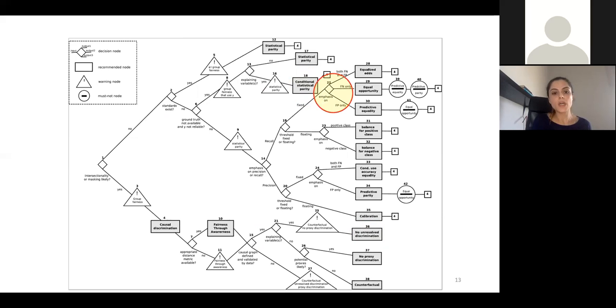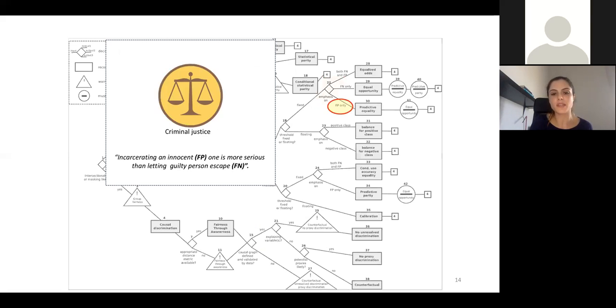Okay, now the last criterion I'm going to present is whether the fairness notion is more sensitive to false negatives or false positives. In some real life settings, the system is sometimes more sensitive to false positive rates than false negative rates. So let's take an example where the false positive rate is more relevant, in a pretrial risk assessment.